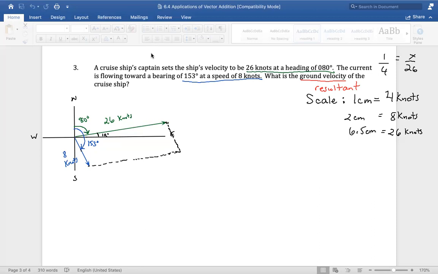I don't want to use red because that's the resultant, so hopefully you can tell the difference if I use pink here. From the green angle to the blue angle, how could I figure that out? This corner would be equivalent to this corner here, according to the parallelogram laws. I would just take 63, because this was 63, and then add the 10. So this is 73 degrees, which would mean that this is 73 degrees.